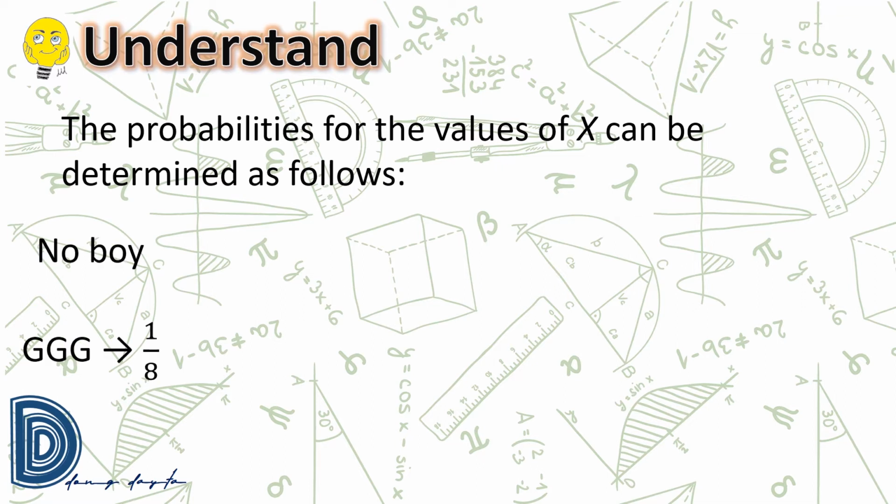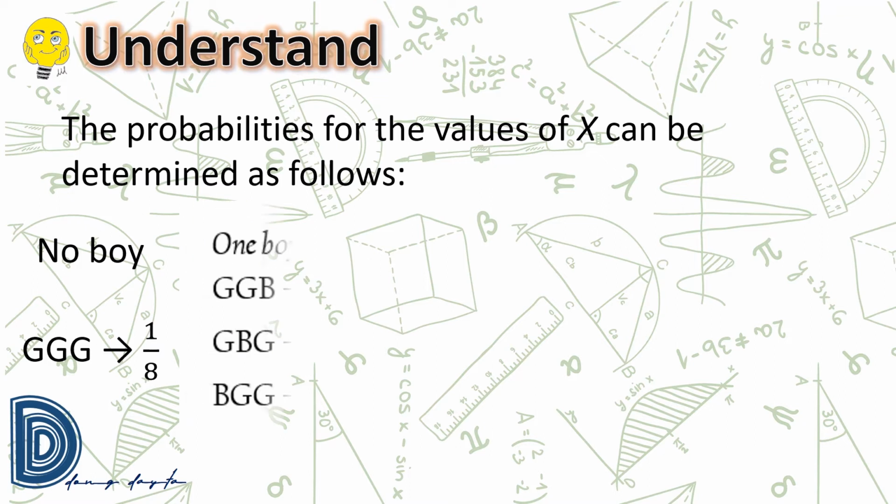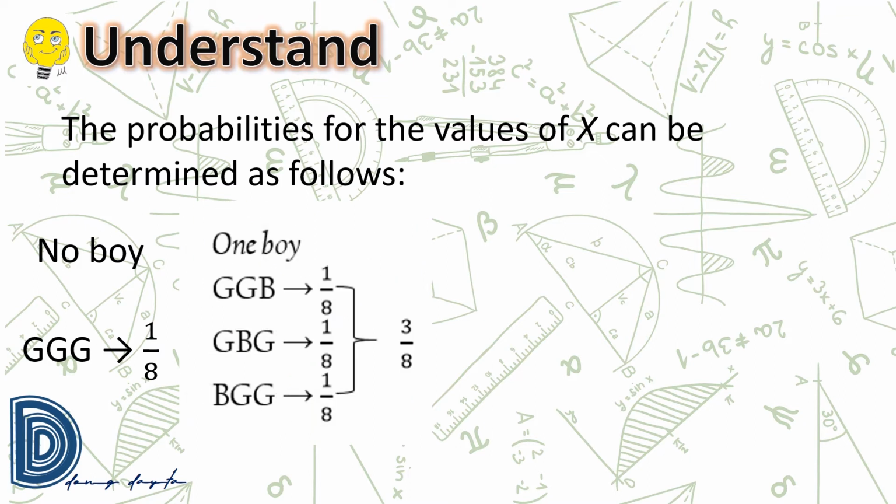No boy, 3Gs, that is 1 out of the 8 elements in the set. When there is one boy, the elements are GGB, GBG, BGG. Each is 1 out of 8. So we have 3 over 8.